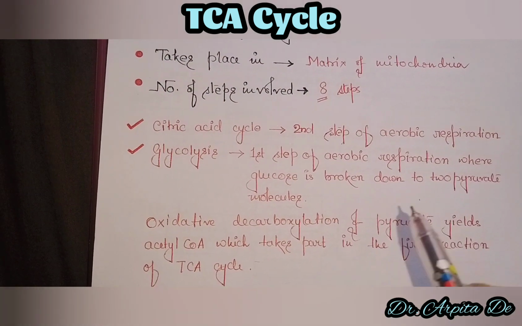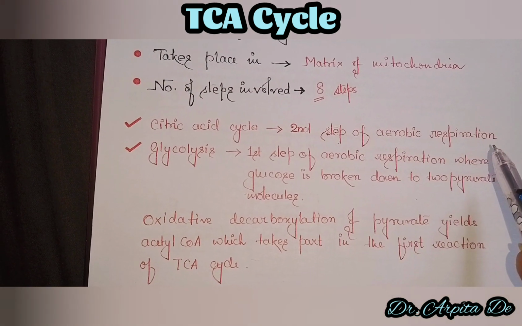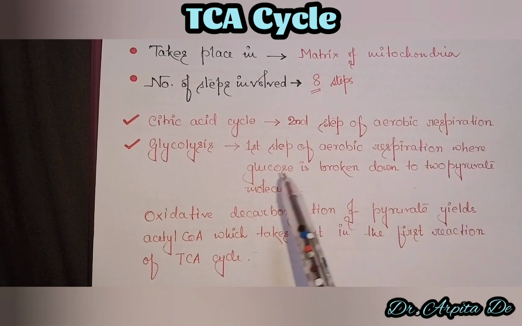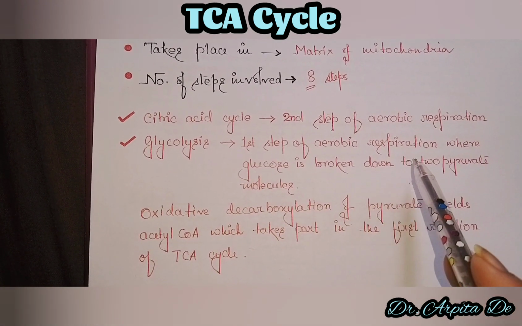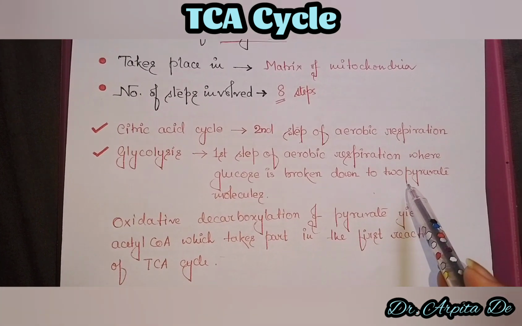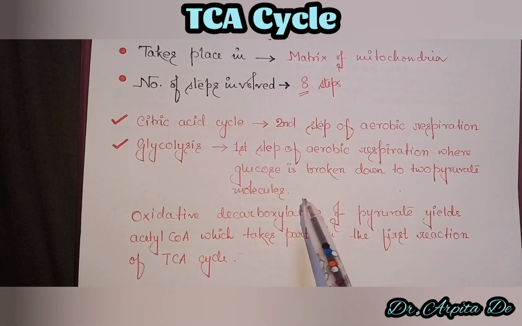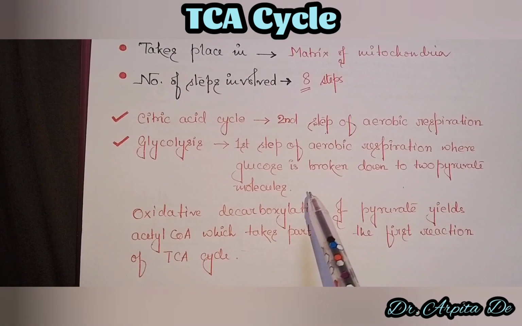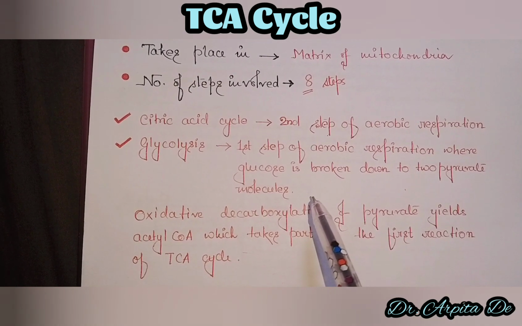Now, the citric acid cycle is the second step of aerobic respiration in all living organisms, glycolysis being the first, where glucose is broken down to two pyruvate molecules. You all know this. If you are not aware of this, please go through the lecture on glycolysis.